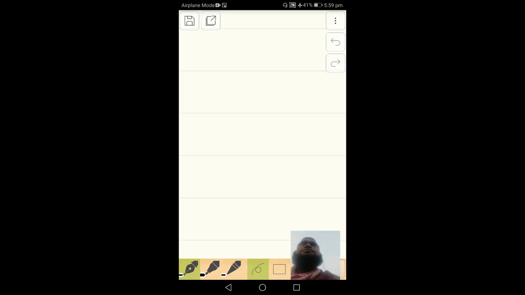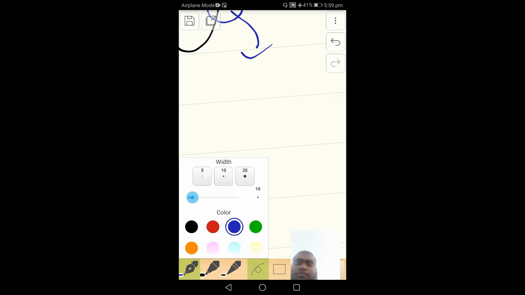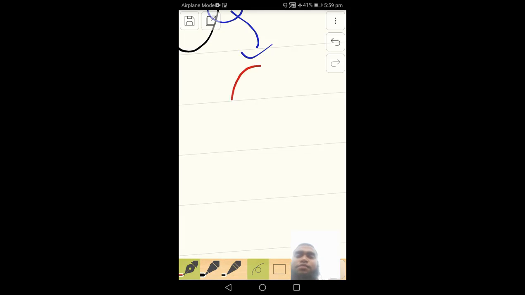Second question is why capillary walls are just one cell thick. For example, if this is a capillary and I zoom in on one part of it, it would look like this. This is a cell. This is a cell.